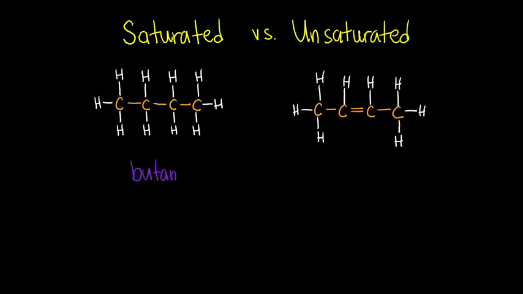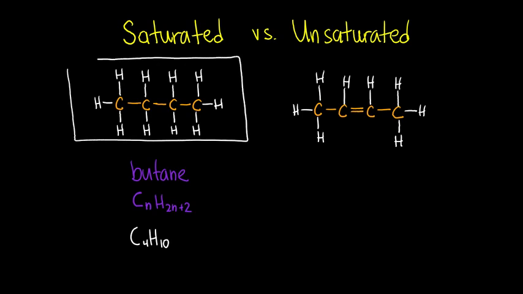In accordance with it being an alkane, it has all single bonds and fits the formula for a branched or linear non-cyclic alkane of CnH2n+2, giving us a formula for butane of C4H10. We would call this compound saturated because it contains only single bonds.